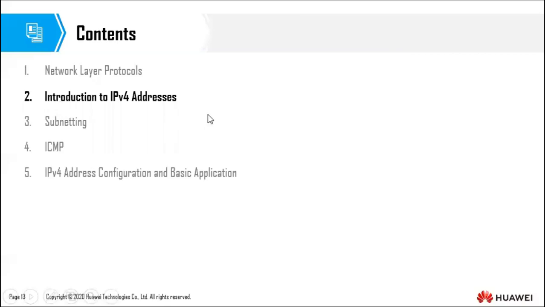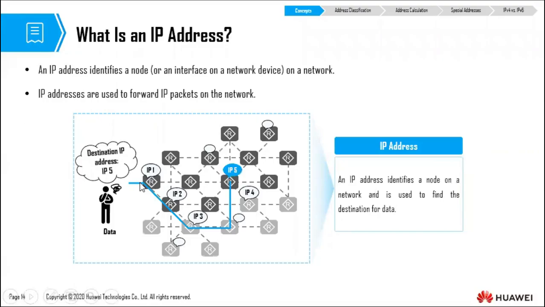Okay, so now we look at IPv4 addresses. So what is an IP address? An IP address identifies a node on a network. So we are saying an interface on a network.